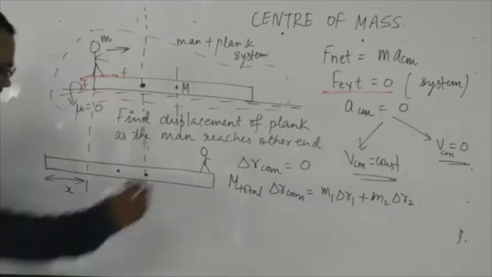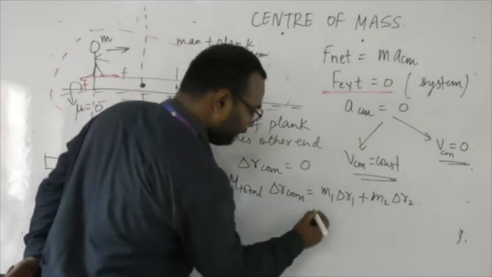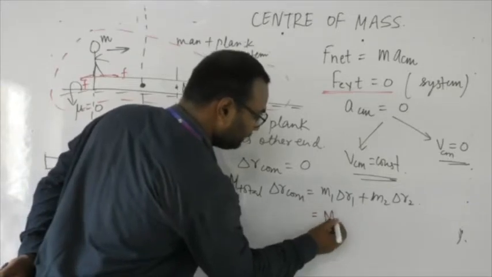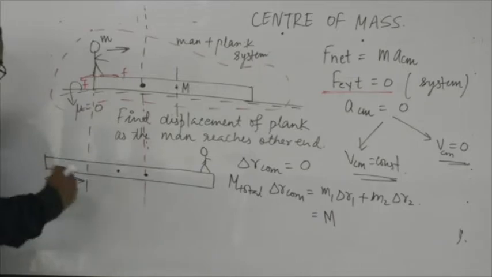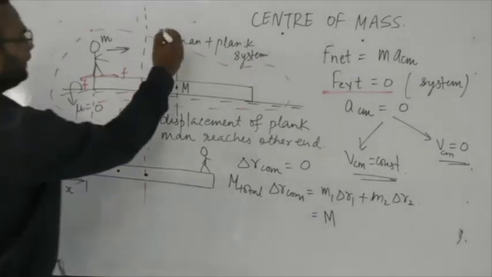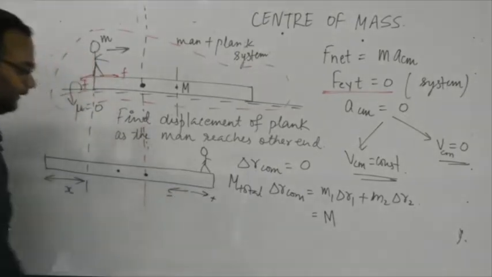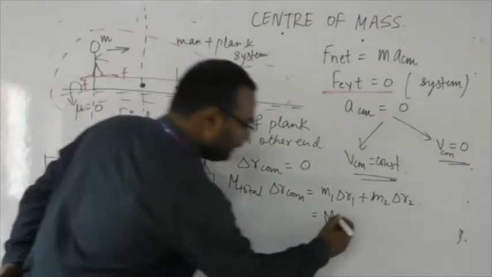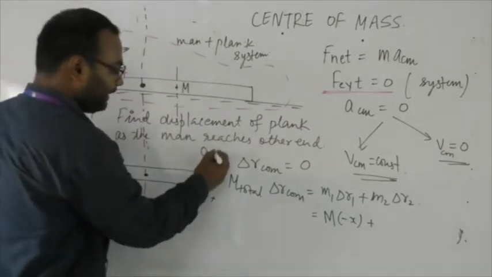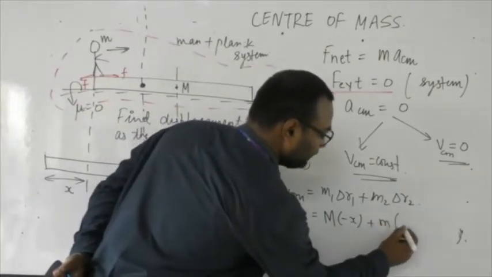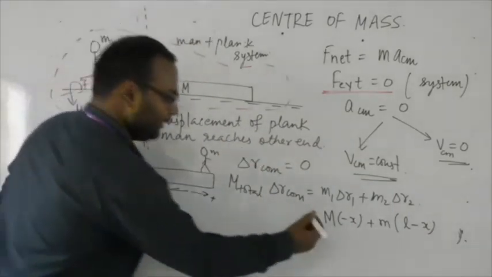The plank's displacement is x in the negative direction, taking forward as positive, so minus x, plus the man of mass m going L minus x in the positive direction.